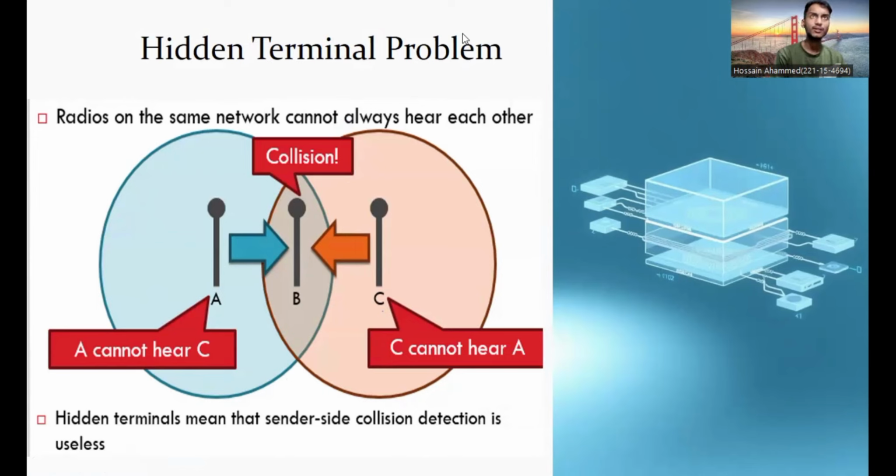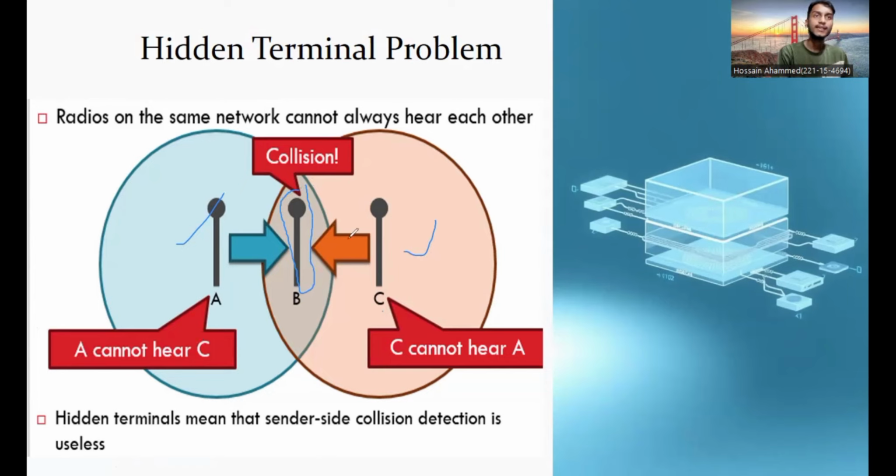Here we can see the three nodes: the sender and the receiver. In the middle, a collision occurs when the sender and receiver transmit at the same time.